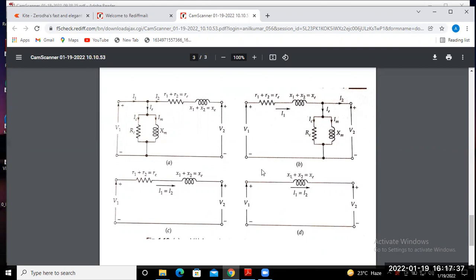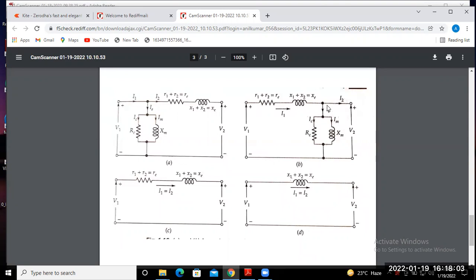If we simplify again, RC and XM are moved to the primary side, which leads to a further simplification. This simplification is nearest to neglecting the exciting current IE in comparison with the rated current.